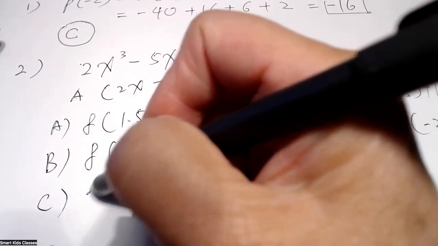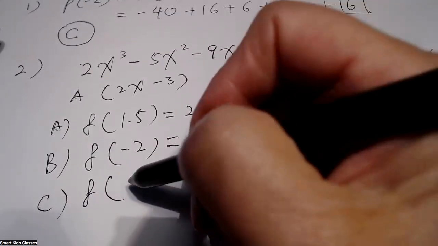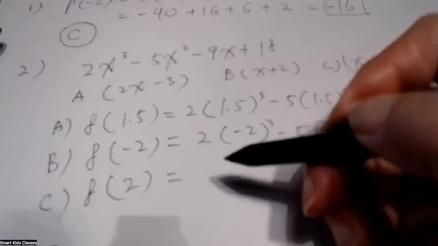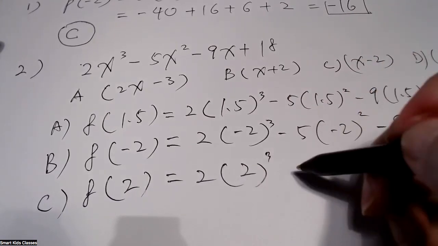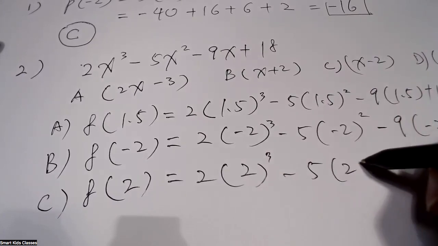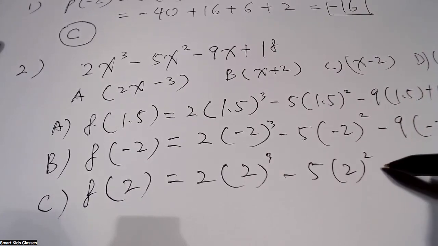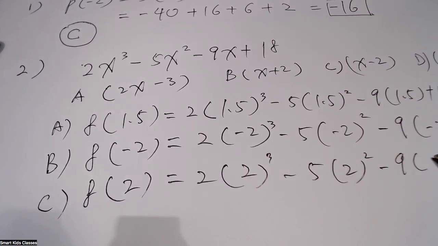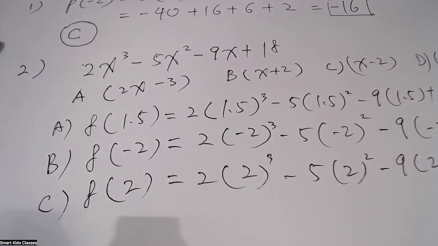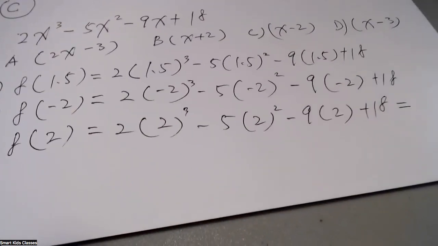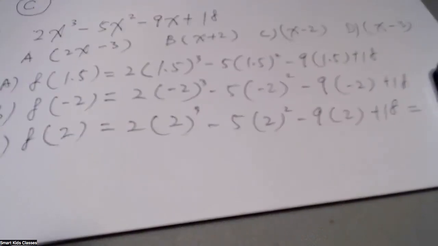And then C. C is when f(2). So we're going to write 2 times 2^3, minus 5 times 2 squared, minus 9 times 2, plus 18. So we are going to use a calculator to try.